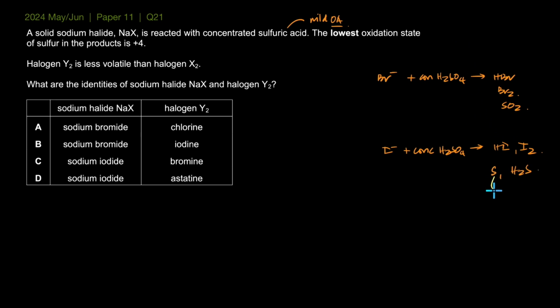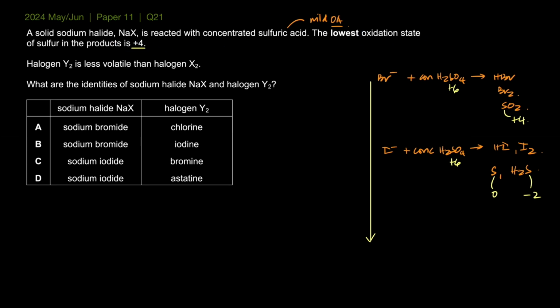And in this case, sulfur is oxidation state of 0 and -2, while in SO2 it is +4. So if you notice something here, as you go down the group, the oxidation state of sulfur decreases even more. It goes from +6 to +4 for bromide, but iodide can make it go as low as -2. Here they're saying the lowest state is +4.